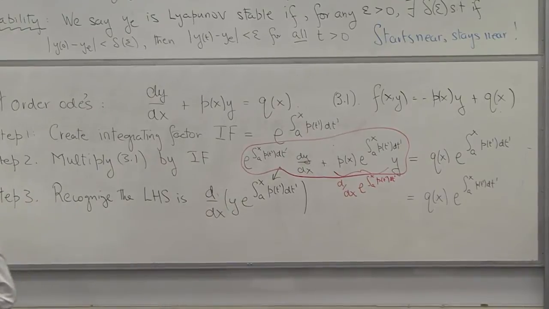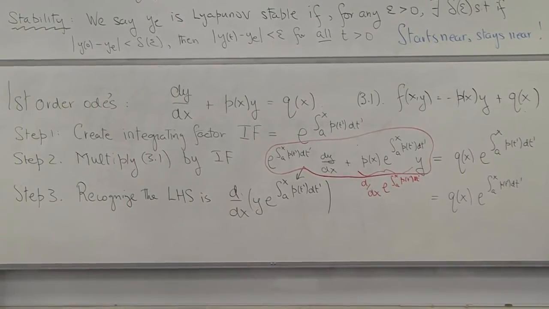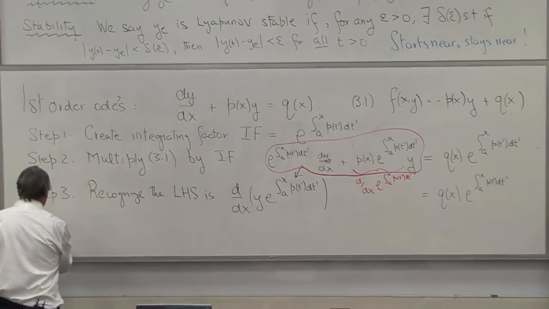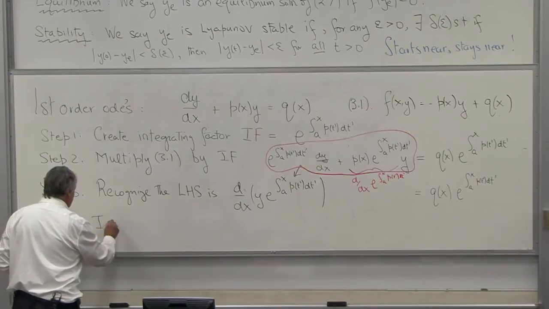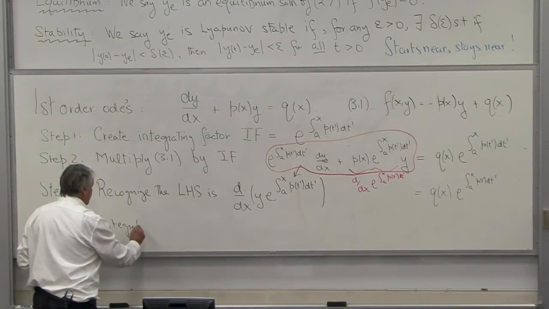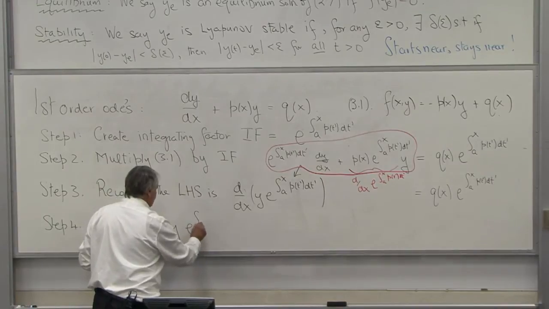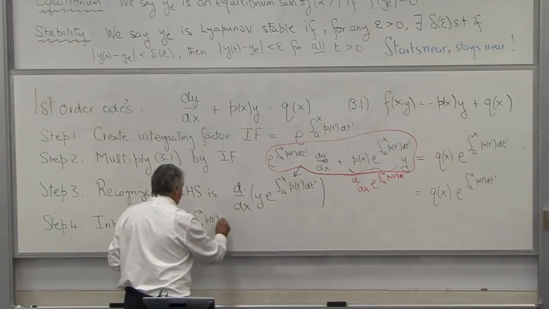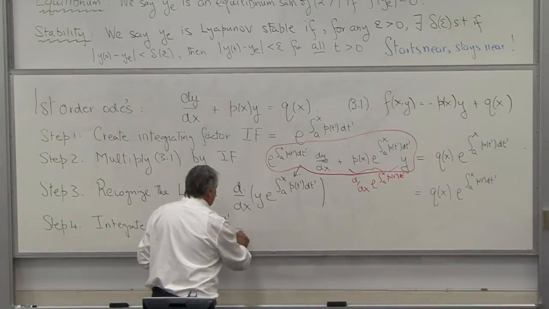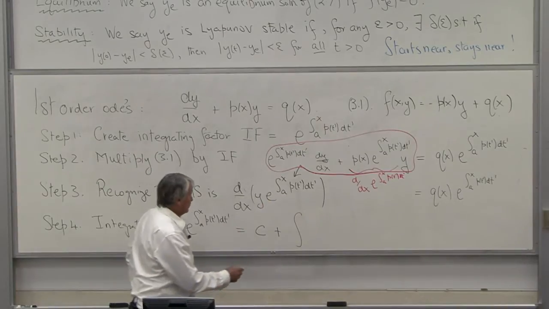So now what do I do? I just integrate, right? I get step 4, integrate. See, I can integrate both sides. Left-hand side is y e to the a to x p of t prime dt prime equals some constant plus integral of all this.